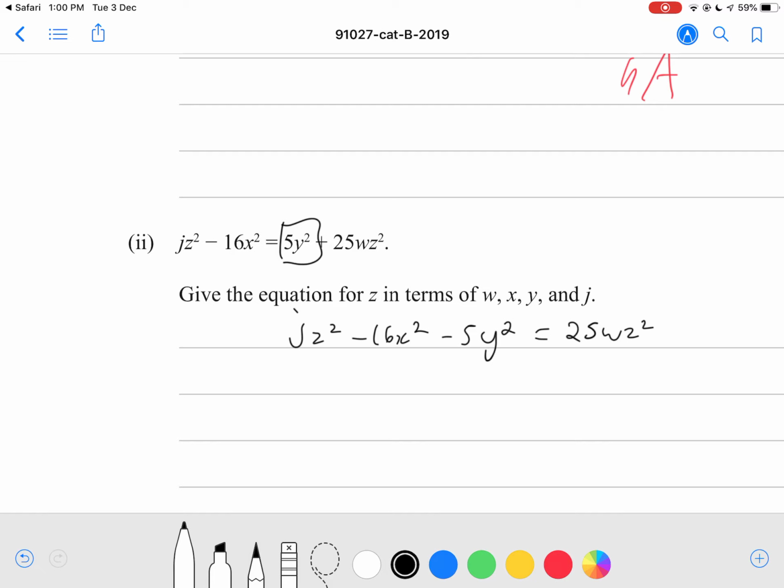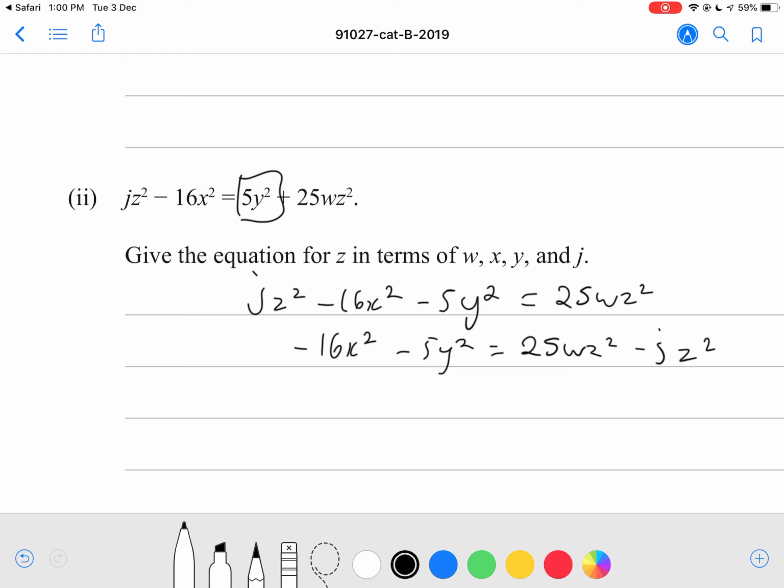We want to group all the z's together on one side of the equation and leave everything else on another side. So we take this jz squared and move it to the other side. We'll get negative 16x squared minus 5y squared equals 25wz squared minus jz squared.